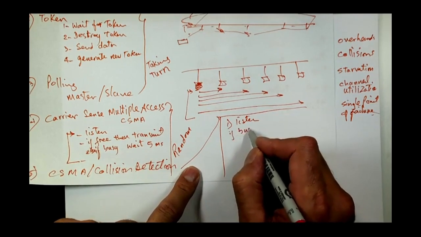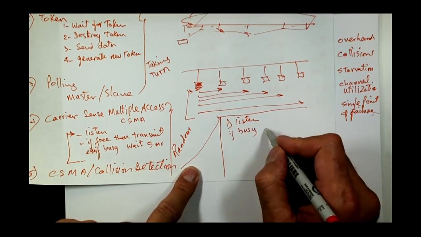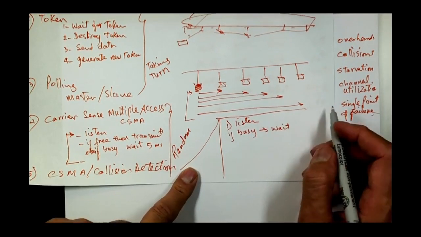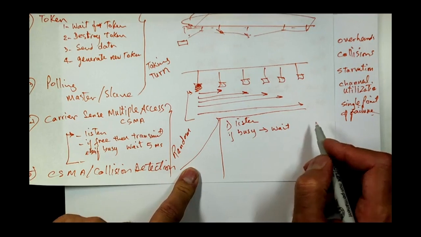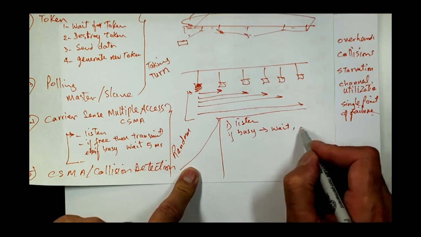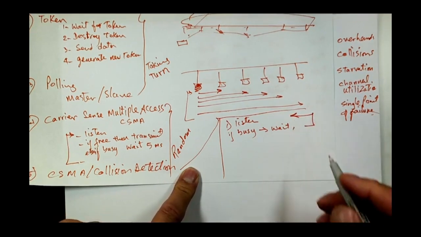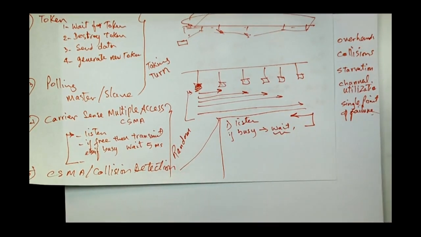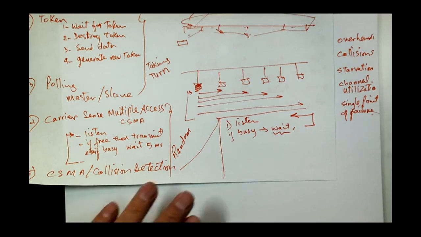If busy, if someone is transmitting, then wait for a little period of time. Sometimes they don't wait. There's no sleeping time. If it's busy, listen again. If it's busy, keep on listening until it finishes. They call that persistent wait. So you're listening all the time. If you go to sleep for a little while, it's non-persistent.